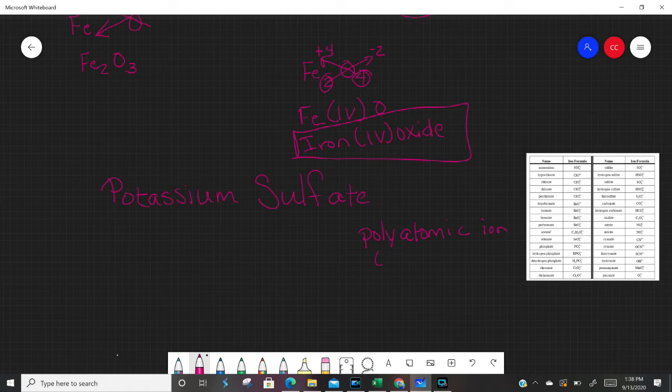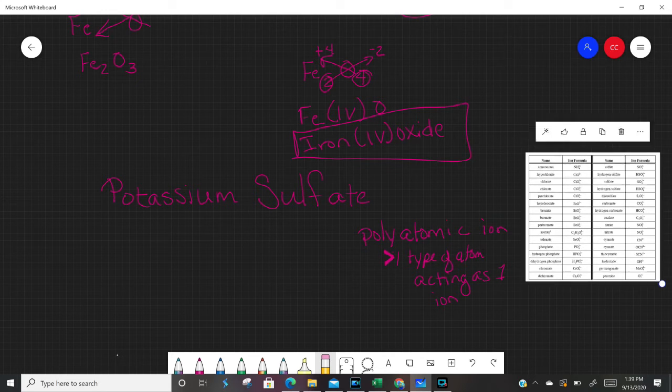So it's greater than one type of atom acting as one. Okay, so that's a polyatomic ion.